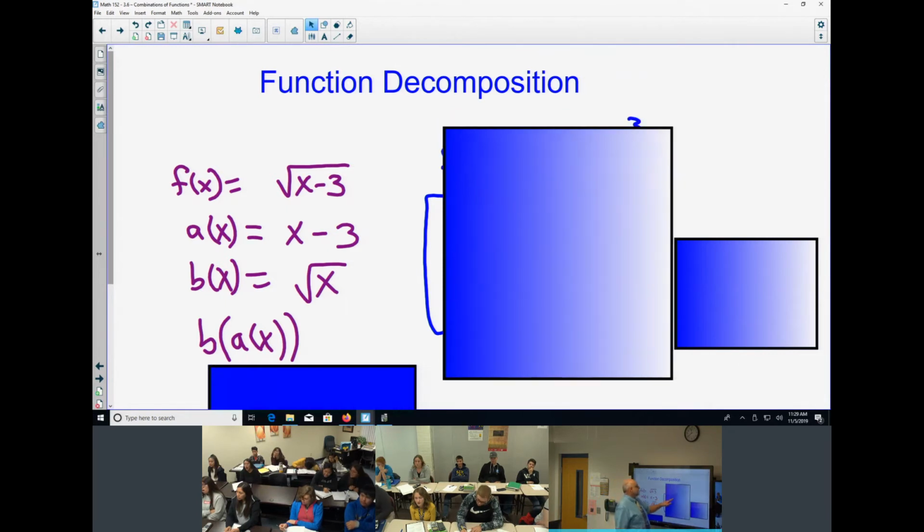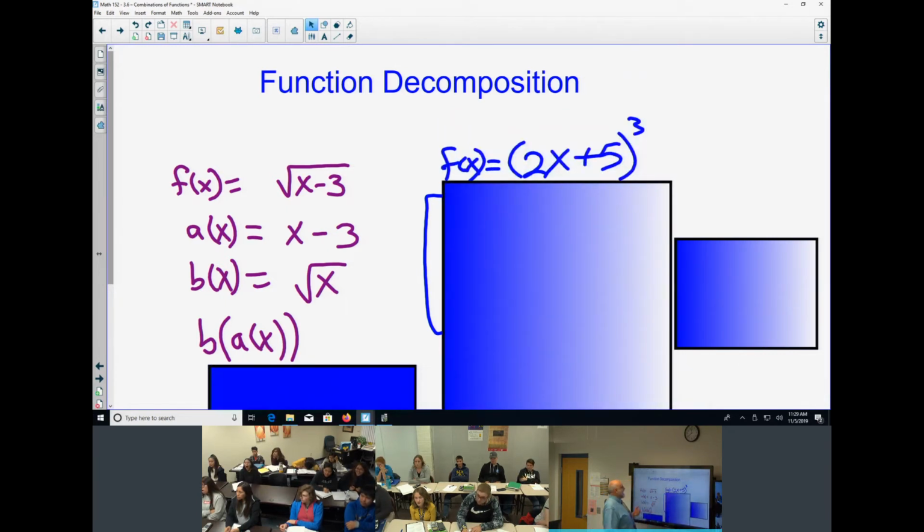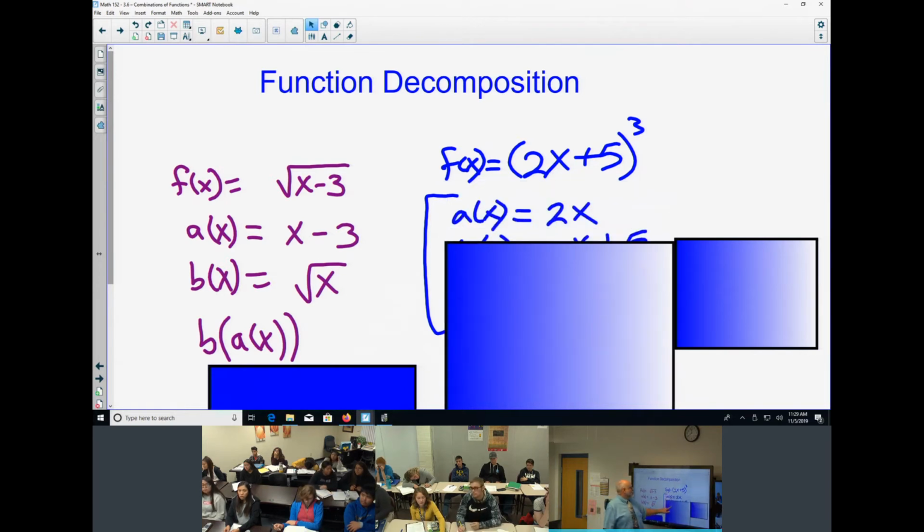Okay, so let's say I had this. What would be the first step here? If I plugged in a number and I was going to evaluate, what would I do first? Multiply. So I'm going to say my a of x is 2x. And then I would do what?